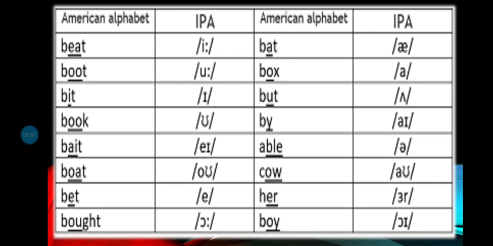Its pronunciation or symbol is like I, and then we have a colon. As I told you, phonemes are closed in slashes, so these are the phonemes, closed in slashes. So this is how IPA works in any language.